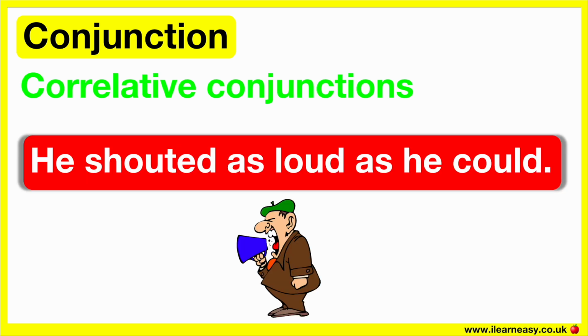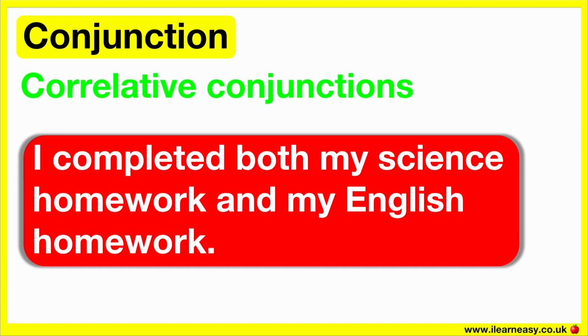For example, he shouted as loud as he could. The correlative conjunctions in this sentence are as...as. I completed both my science homework and my English homework. The correlative conjunctions are both...and.